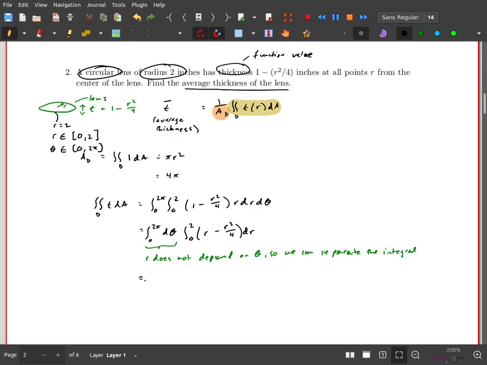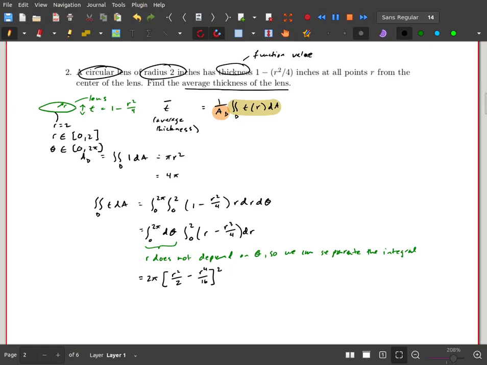So that's 2 pi out there. Then let's do the integration. So we have r squared over 2 minus r to the 4 over 16.